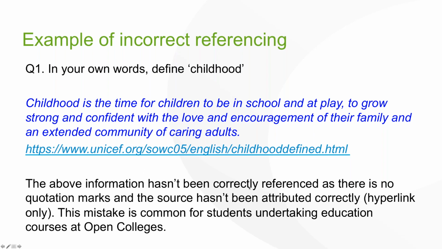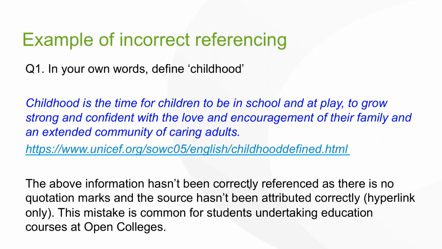Now, this information hasn't been referenced correctly as there are no quotation marks and the source hasn't been attributed correctly. There's only the hyperlink. We have no idea who the author was or when this was published, and perhaps if this is a text document with multiple pages, what page it comes from. And this is a common mistake that students undertaking courses at open colleges make.